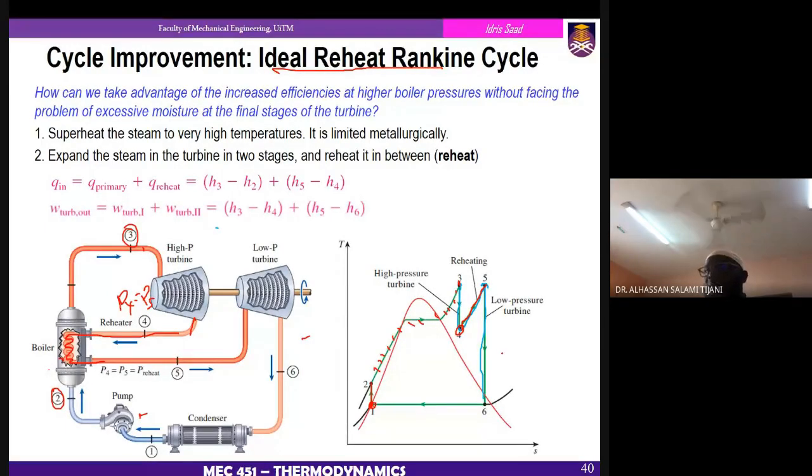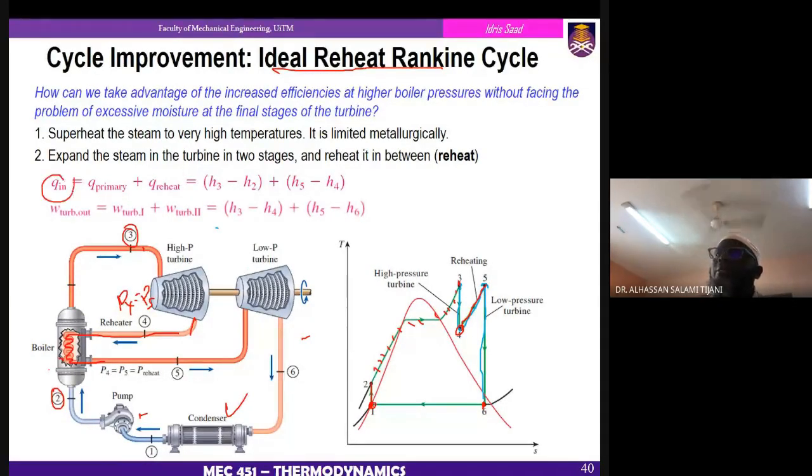Take note of that. Before the fluid enters the low pressure turbine, and then it is expanded again before it is cooled down in the condenser. So this is the normal practice. If you go to the industry, if you happen to work with a company that is based on steam power cycle, then you will see all these things there.